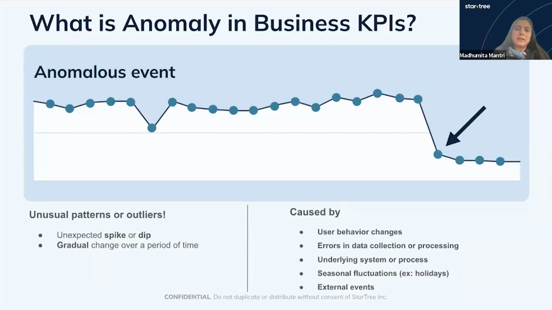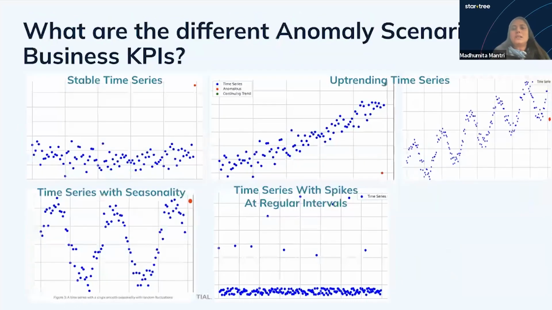Now, since we are talking about business KPIs and anomalies in them, I wanted to throw out some of the challenges associated with it. When it comes to monitoring, your metrics could be in different shapes and forms. It could be a stable time series metric, and most of the time business KPIs, or any critical KPIs for that matter, are time series in nature.